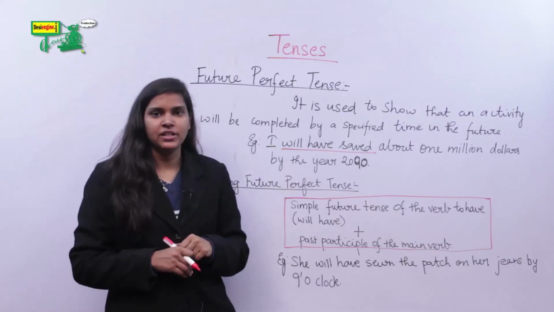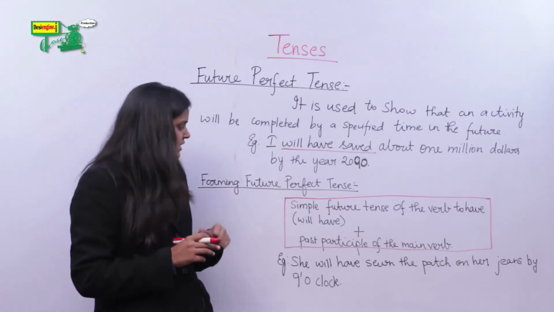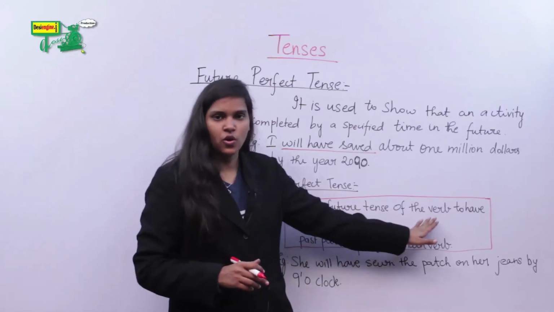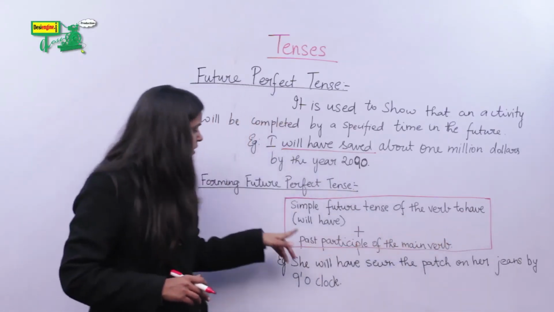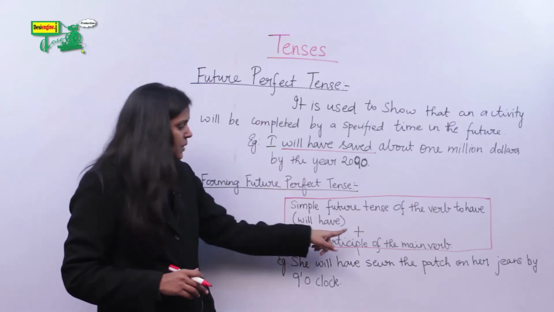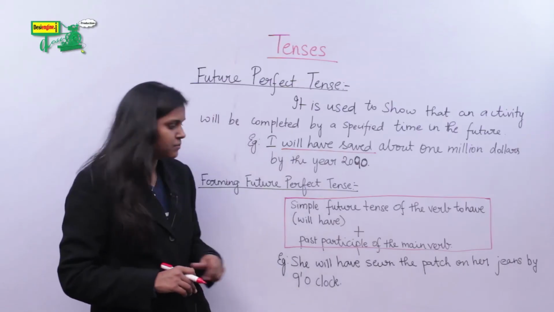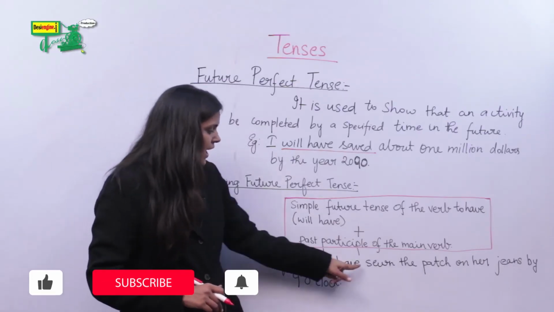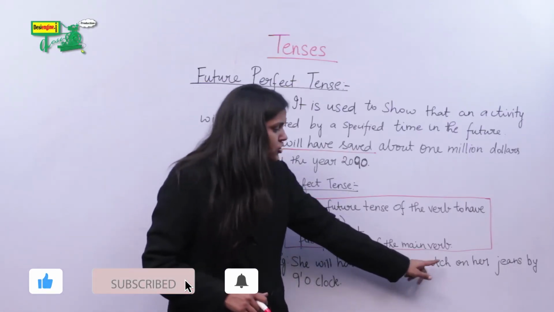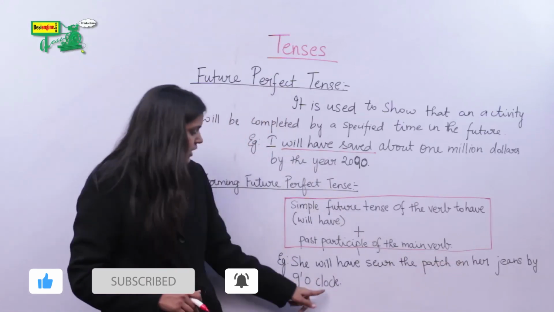Forming of future perfect tense. It is formed by adding simple future tense of the verb to have. That is, will have plus past participle of the main verb. For example, she will have sewn the patch on her jeans by 9 o'clock.